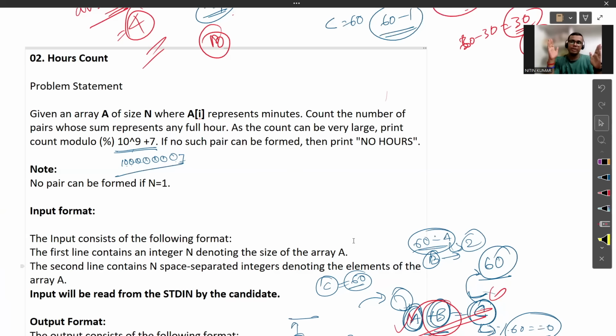So always think of an optimized approach, but if you're not able to think that quickly, then go for the brute force approach, because brute force will pass some of the test cases. It is good to have 50% marks rather than 0 marks, because these marks matter so much in your selection in the Accenture examination.